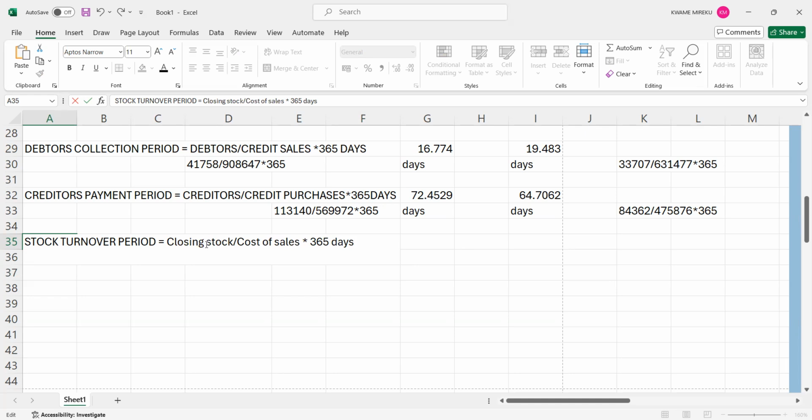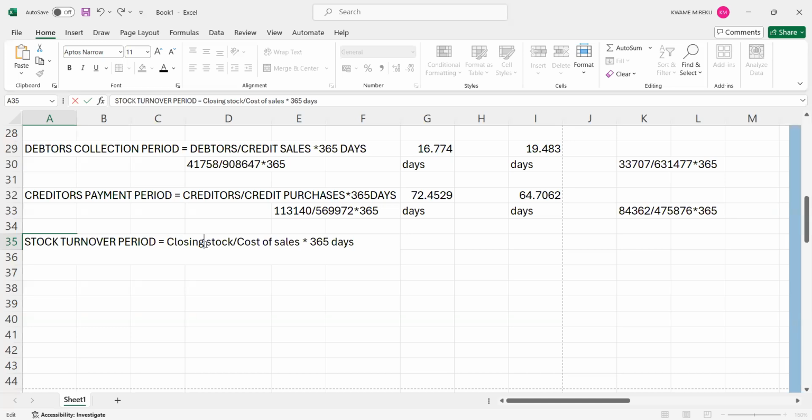So here in this question, we have 2023, 2022. So 2023, closing stock is there. 2022 stock is there. And the 2022 will be the opening stock for 2023. So you can easily get average stock. But for 2022, we don't have 2021 closing stock.